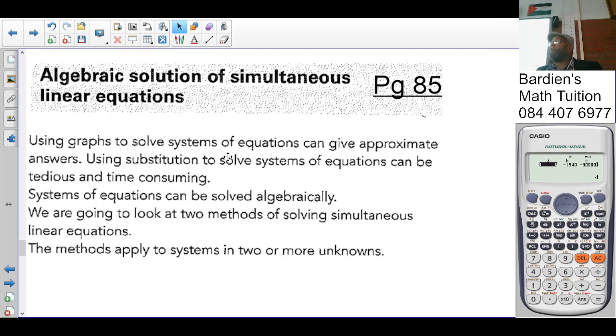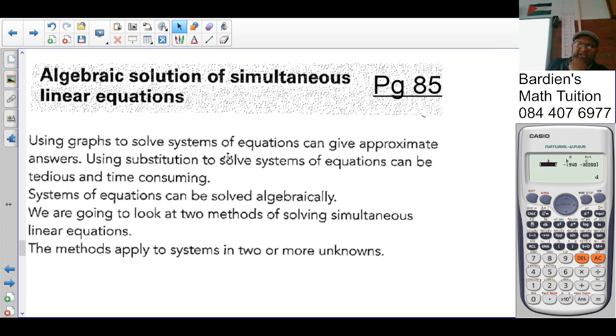Last year we dealt with straight line graphs, you remember? Then we spoke about the point where the two graphs intersect, and that is also the point where the two graphs are equal to each other.